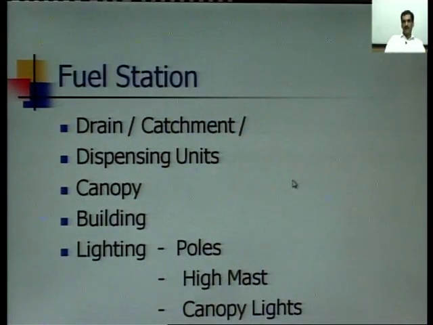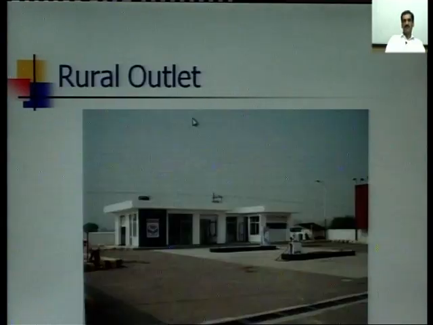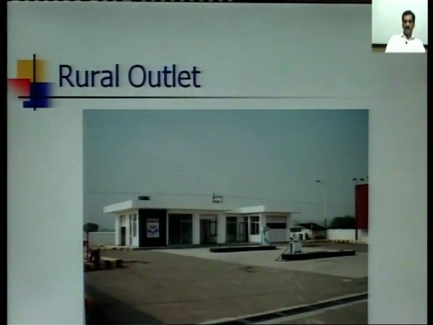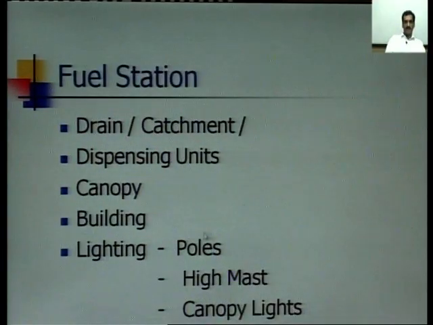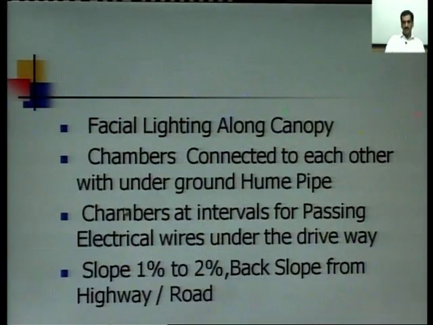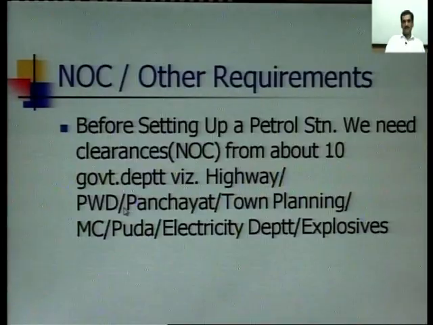We have already discussed the drain or catchment area. This is the drain, where we have a 1 to 2% slope from this side, and again a back slope from the highway, where the water is collected into this very drain. And then we have a canopy. The canopy is a prefabricated structure.